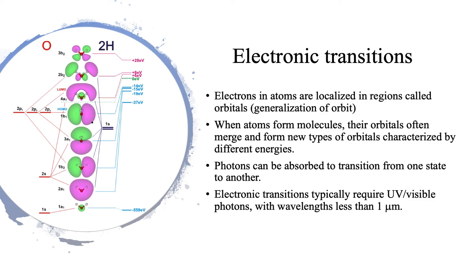Associated with different orbitals are different energies and different positions of electrons within these orbitals. This is an example of all the possible orbitals that a water molecule can have.